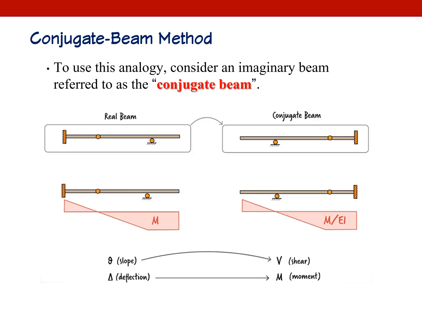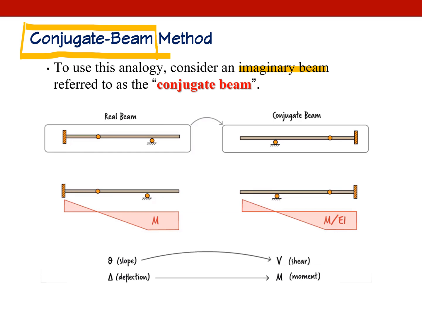Okay, now let's have a question in mind: what is a conjugate beam? A conjugate beam is an imaginary beam, not a real beam. It's totally imaginary. But any real beam will have only one unique conjugate beam.